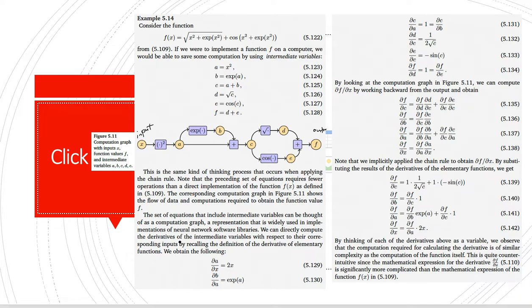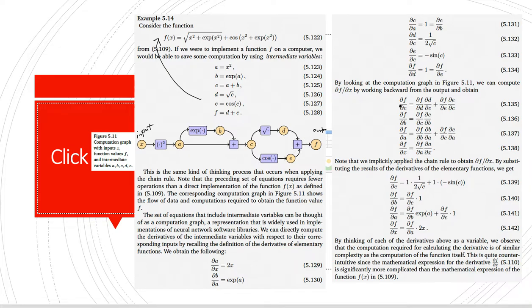We can directly compute the derivative of the intermediate variables with respect to their corresponding inputs by recalling the definitions of the derivative of the function. We obtain the following. So if we apply the derivative to these intermediate variables, we get this, from equations 5.123 until 5.128. By looking at the computation graph, we can compute the partial derivative of f over x by working backward.